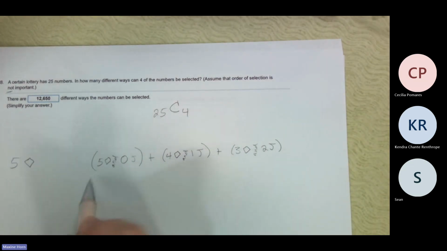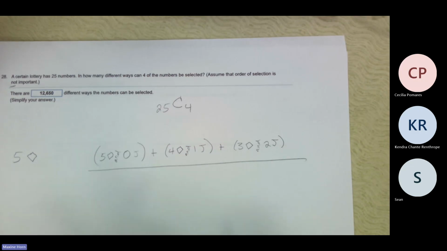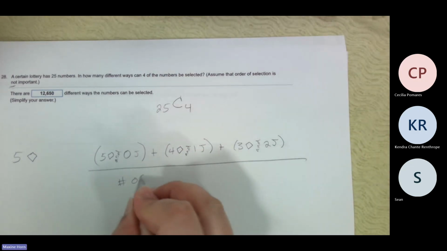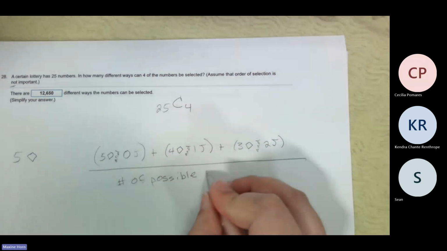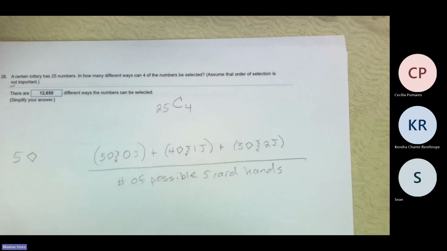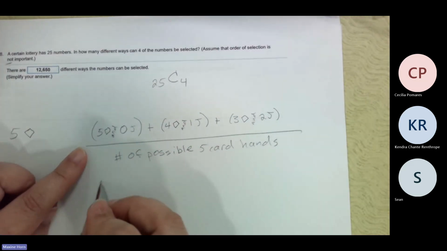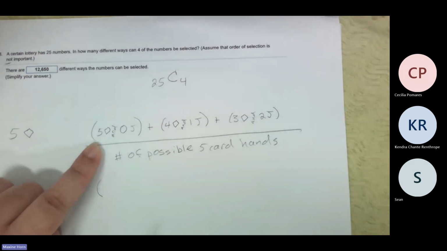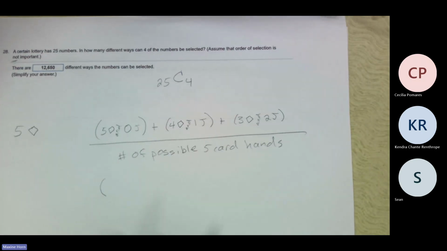But they're asking for probability, so that needs to go over the number of ways that I can pull 5 cards, the number of possible 5 card hands. So for this, how do I pull 5 diamonds? How many diamonds are there in a deck?